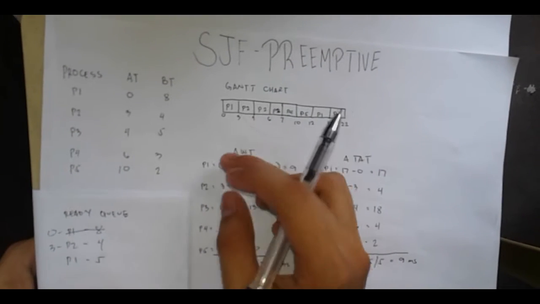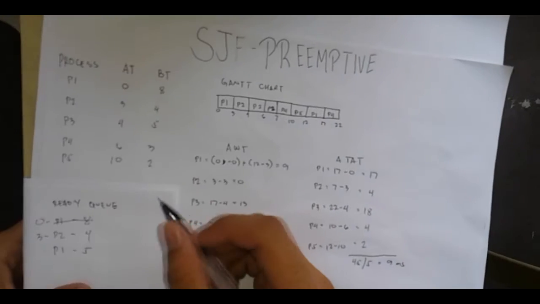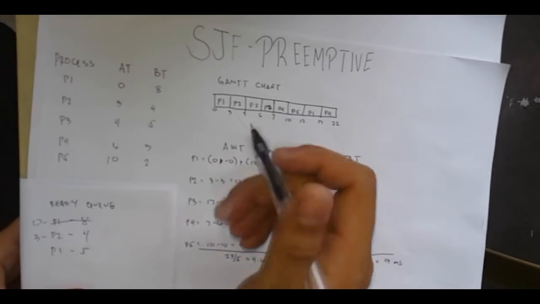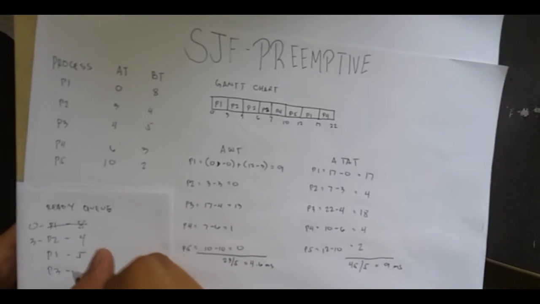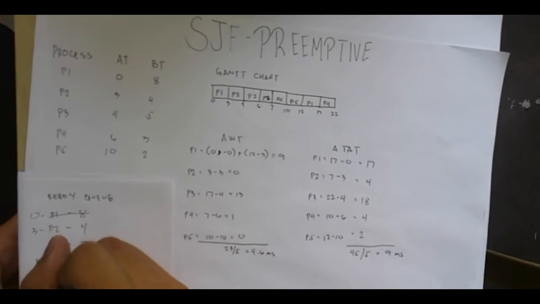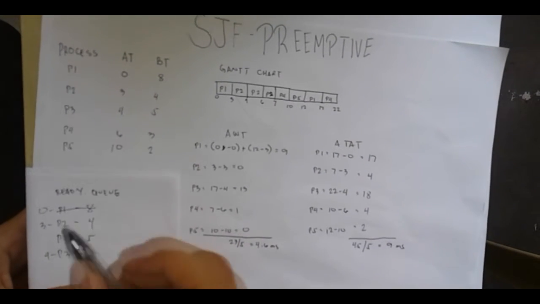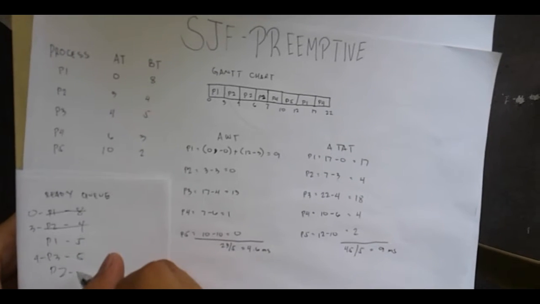Since P2 is in our Gantt chart, we will count each burst time. But at time 4, P3 has arrived in our ready queue with a burst time of 5. So P2 will be preempted at time 4 with the remaining time of 3.